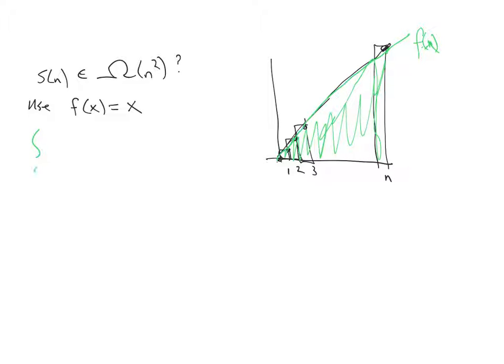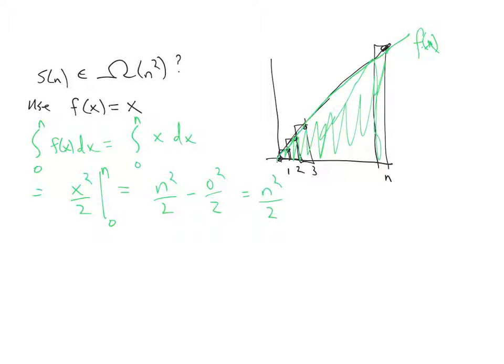It's the integral from 0 to n of f of x dx, which is actually the integral from 0 to n of x dx, and hopefully all of you can comfortably compute that as x squared over 2 evaluated between 0 and n, which is n squared over 2 minus 0 squared over 2, which is n squared over 2. So the point is that S of n is bigger than or equal to this area, because the sum, remember, is the rectangles.